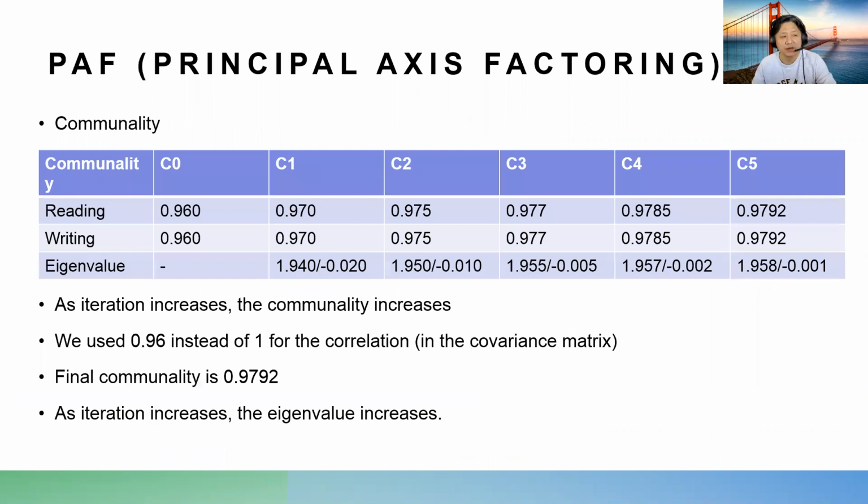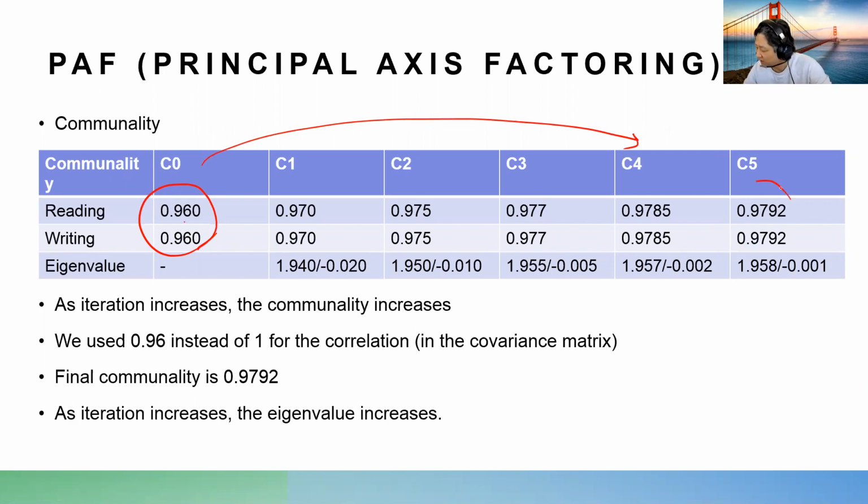Here are some communality changes. This is our initial communality. As iteration increases, our communality increases. It was 0.96, but our final communality was 0.9792.